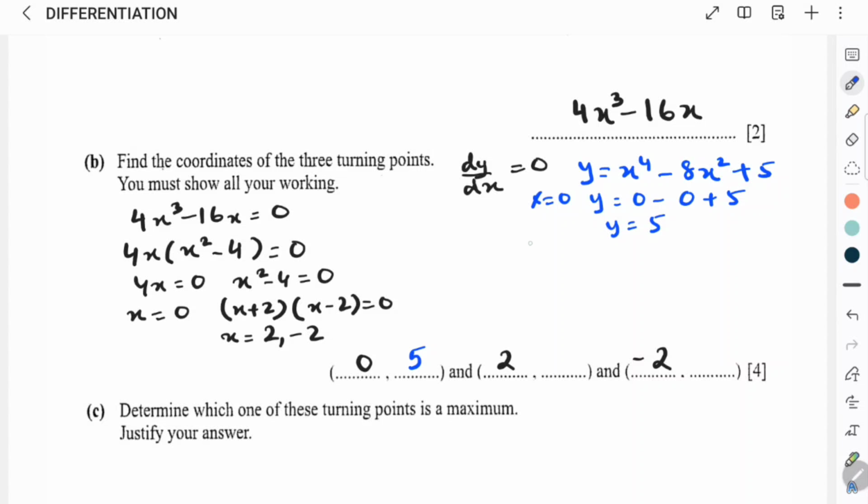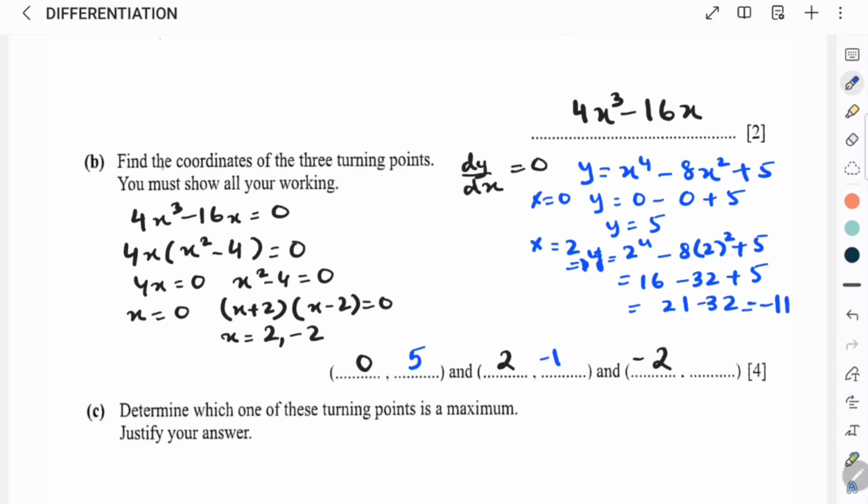So for x equals 2, that is 2 to the power 4, y equals 16 minus 8 times 2 squared plus 5. 4 eights are 32, and then plus 5. 16 plus 5 is 21, minus 32, which equals minus 11. So that is (2, minus 11).